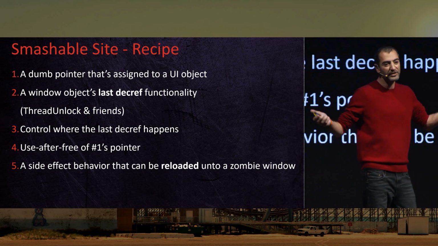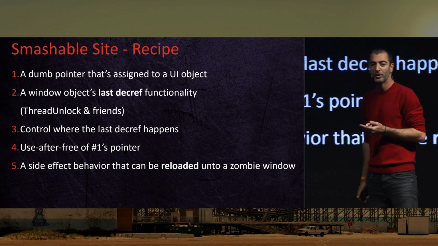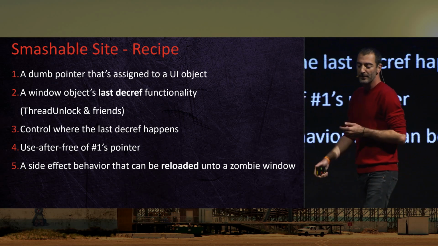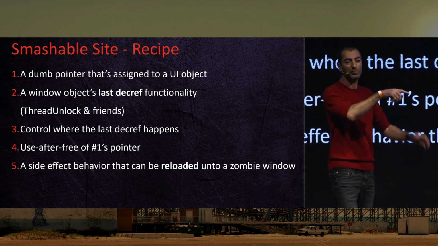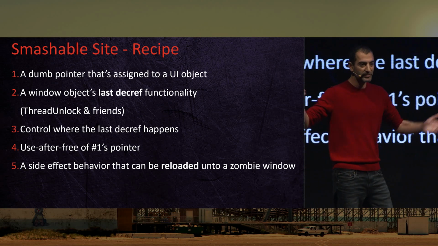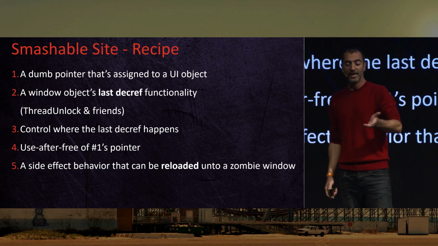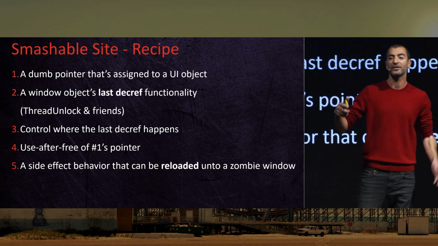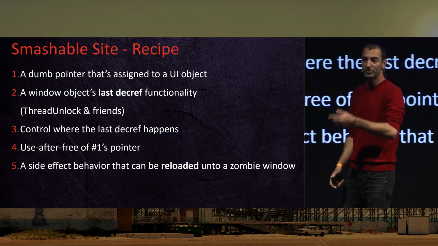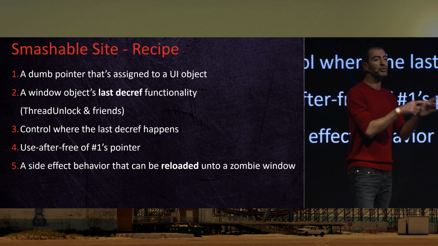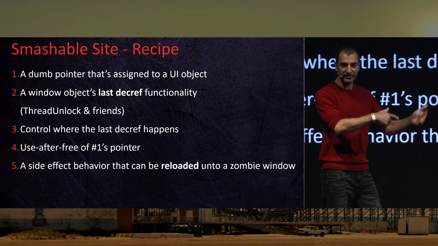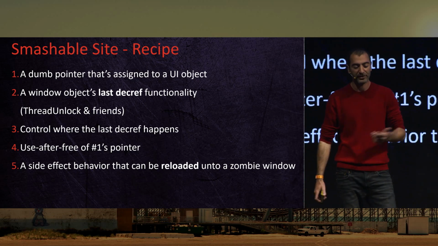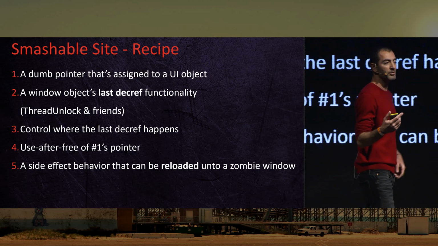Dump pointers in C, it's all the pointers, so the kernel we talk about is like C. And it's assigned, like we saw, P equals XXX create window, so you get that. And then the last decrement reference functionality, like thread unlock from 1 to 0. That's something we want to know because that's where we call the second time destruction with the side effects. And we want to control it, okay?